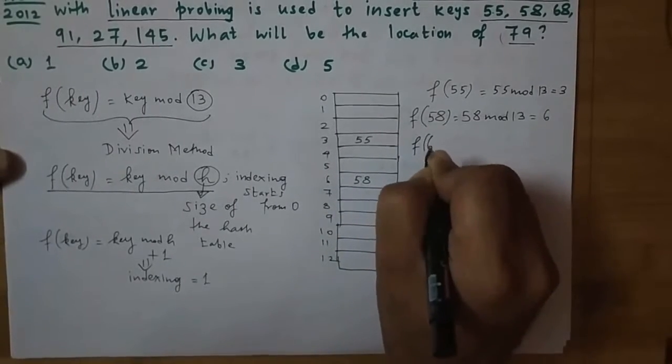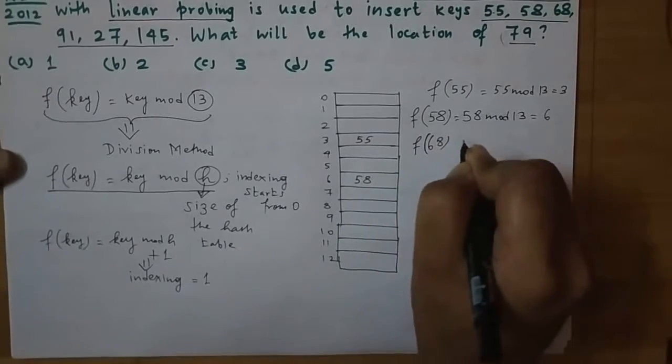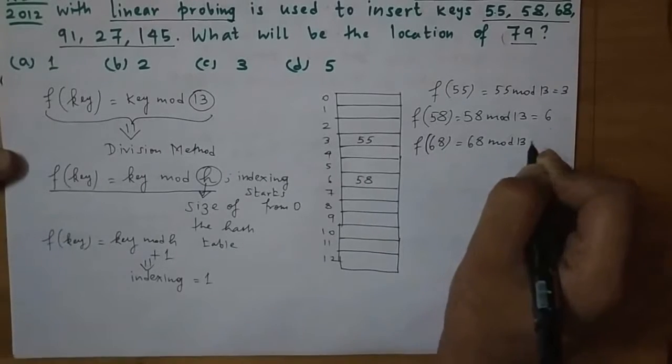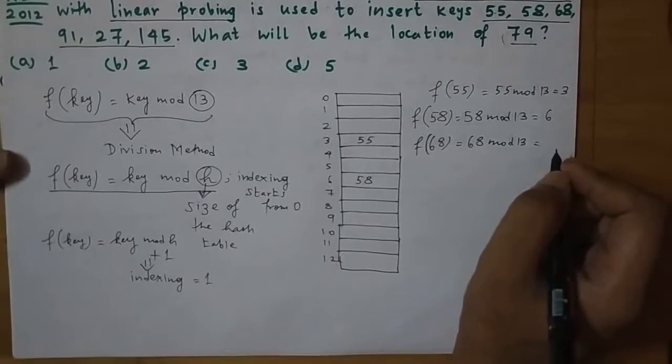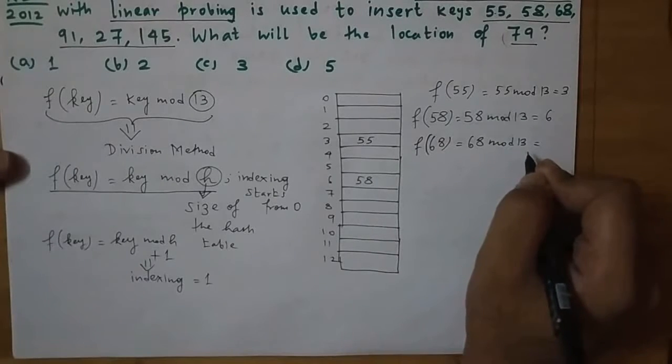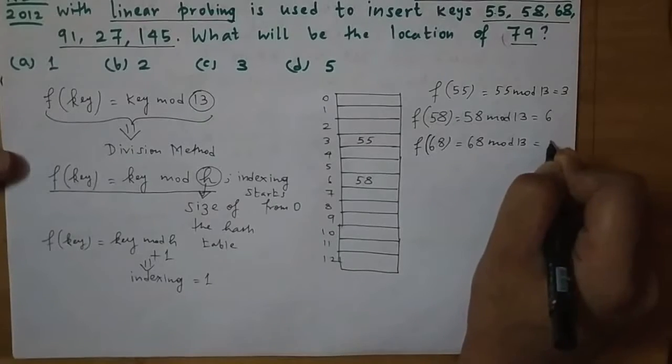What about 68? 68 mod 13 gives me 13 goes into 68 5 times and leaves a remainder of 3.